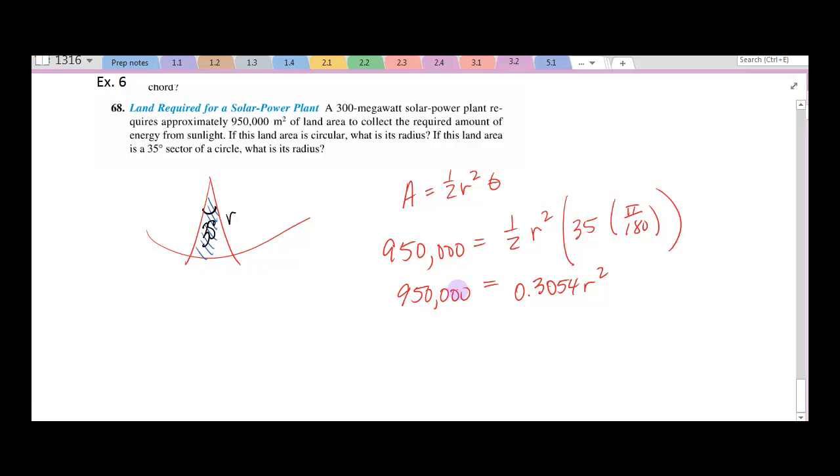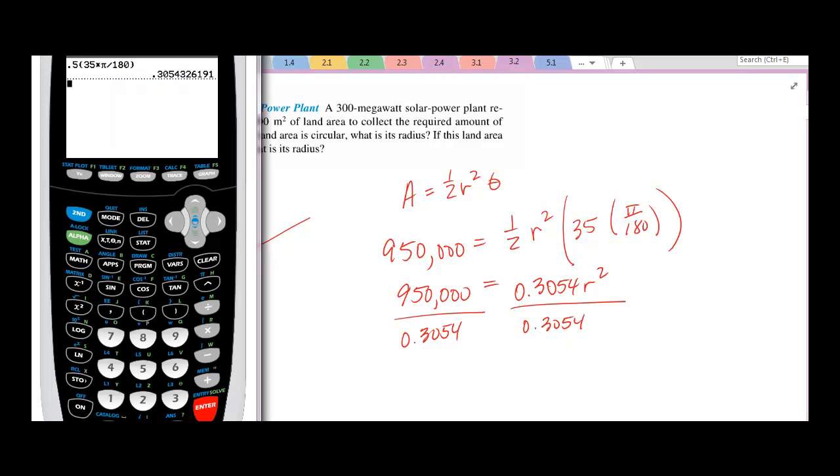The left hand side is still 950,000. Now to solve for the radius, I'm going to divide by 0.3054, and then I'm going to take the square root, so we can do that in the calculator as well. So I'm going to say 950,000 divided by 0.3054, and then I'm going to take the square root of that answer.